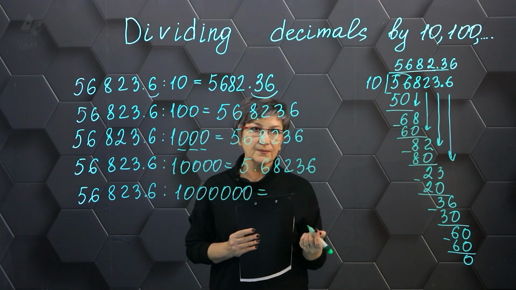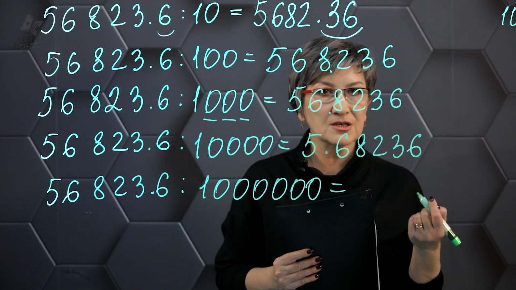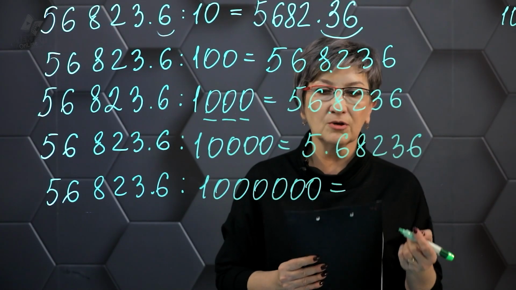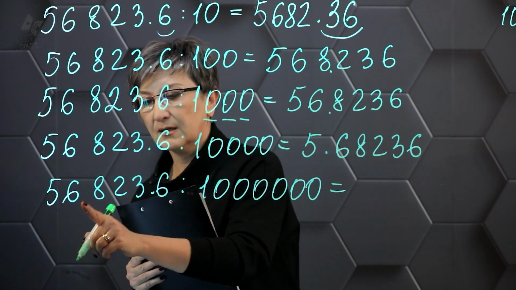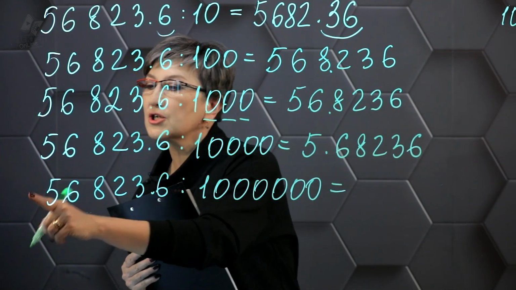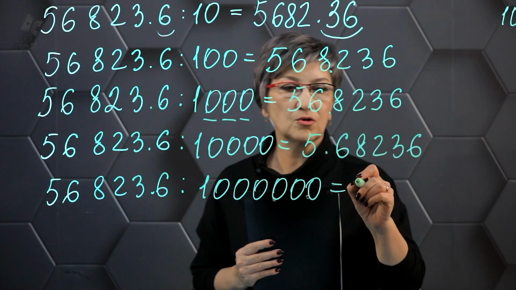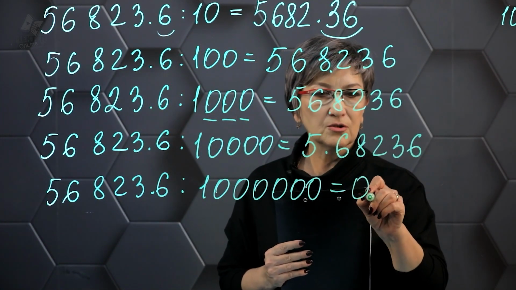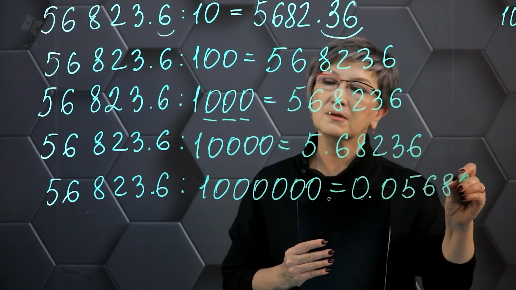Where do we get the 6th? Let's agree that if we are missing our digits, we will write zeros. And so I'm counting. 1, 2, 3, 4, 5, 6. I need a 0. Let's write it down. 0 point 0 5 6 8 2 3 6.